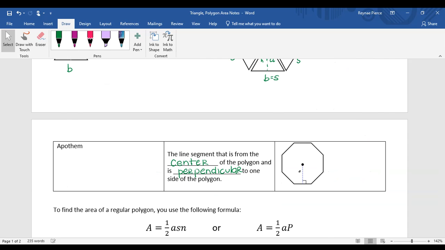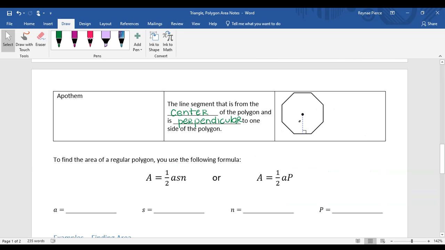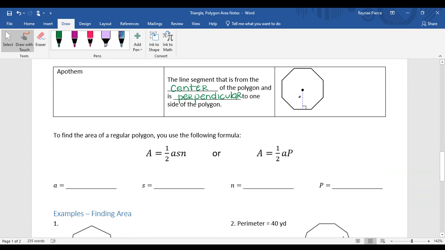But up here, what we talked about, that's how we get this equation for finding the area of a regular polygon. Again, A is the apothem. That's that new vocab word. S is the side length.